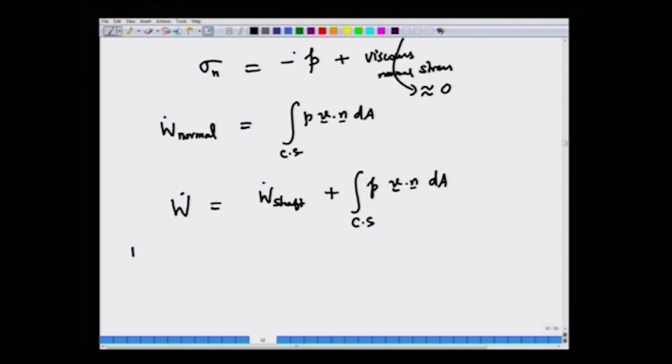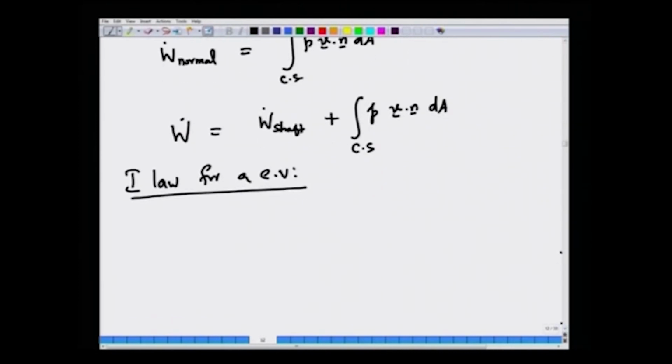So, the first law of thermodynamics for a control volume eventually becomes Q dot minus W dot shaft minus integral P V dot N dA over Cs, and minus W dot shear.